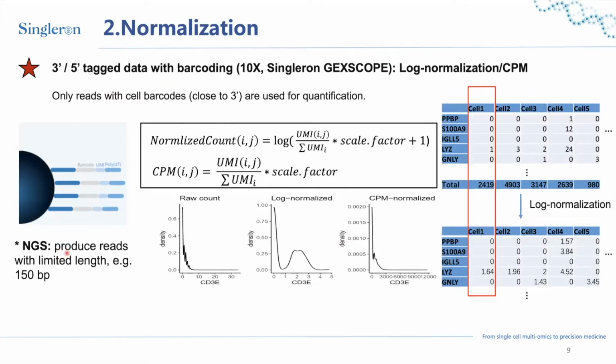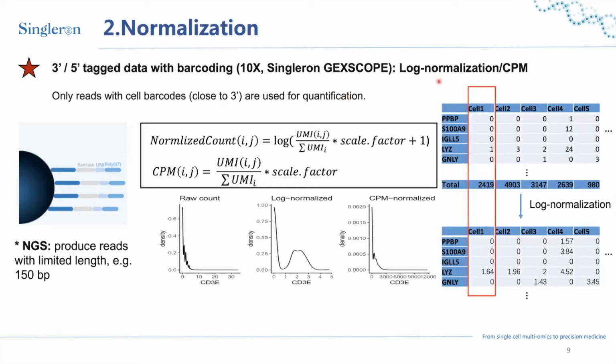And the NGS produces reads with very limited length, for example, 150 bp. In this case, only the reads with cell barcodes, which are close to the 3' end or 5' end, are used for quantification. So in this case, the exon length or gene length is not important. And therefore, different normalization tools should be used.